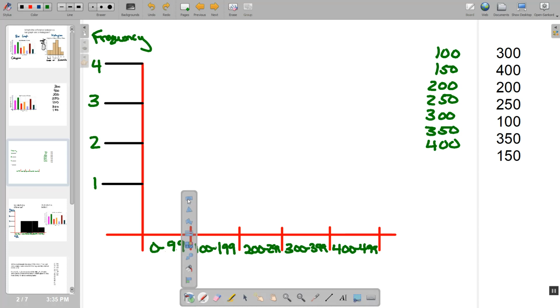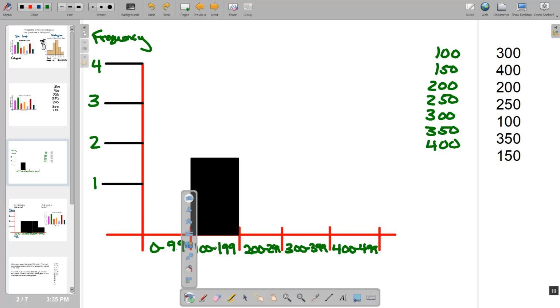So for this one right here, I'm going to graph in the gap between 0 and 99. I had 0 numbers that fell within that gap, so I'm not going to shade anything here. Between 100 and 199, I had 2 numbers fall within that gap. So I'm going to shade, actually, I'm going to use my mouse to help me do that a little bit easier.